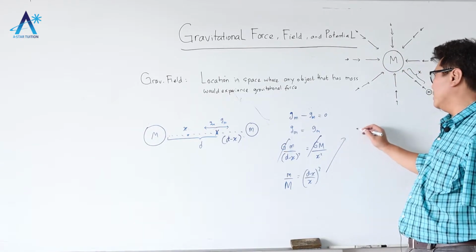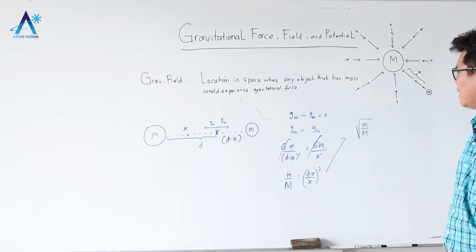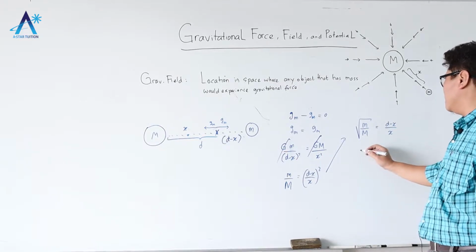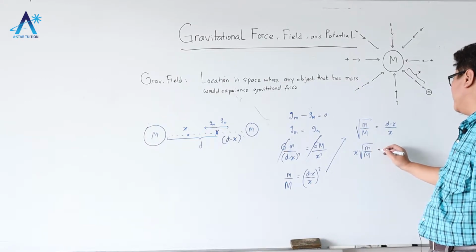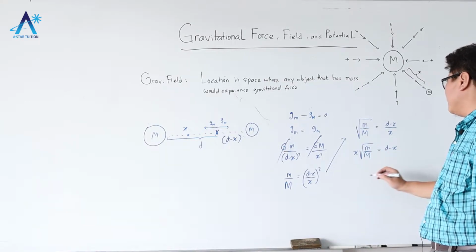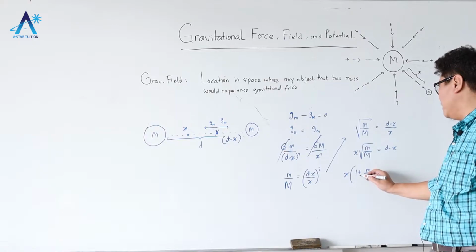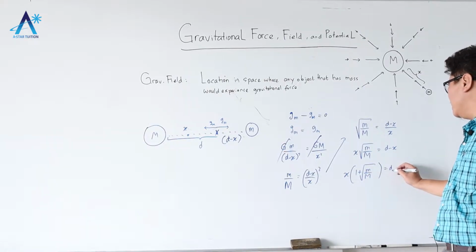Taking the square root, the square root of lowercase m over capital M equals d minus x over x. So x times root of m over capital M equals d minus x. So x times 1 plus root of lowercase m over capital M, equals d. So then x is this.